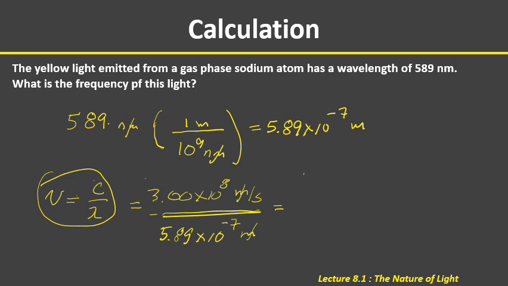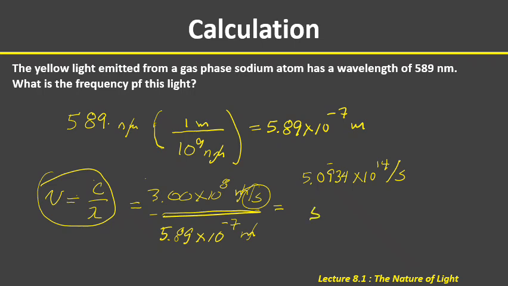All right. So when I put that in my calculator, I got 5.0934 times 10 to the 14 reciprocal seconds, right? We got seconds in the denominator there. Since we've got 3 sig figs in our data, we'll round that to 5.09.